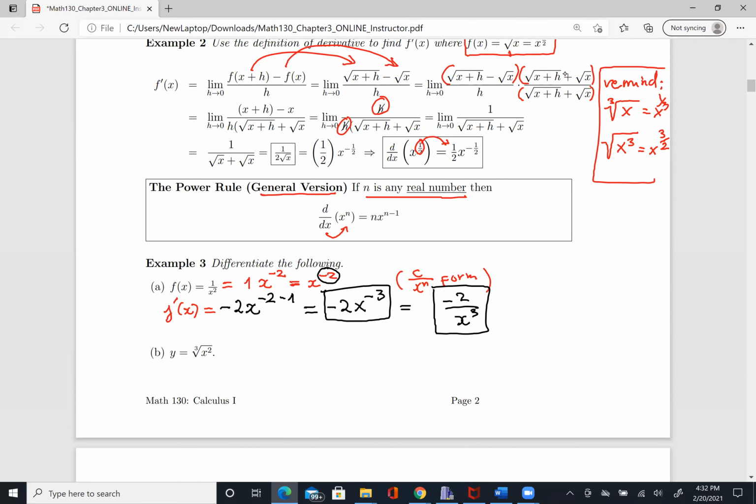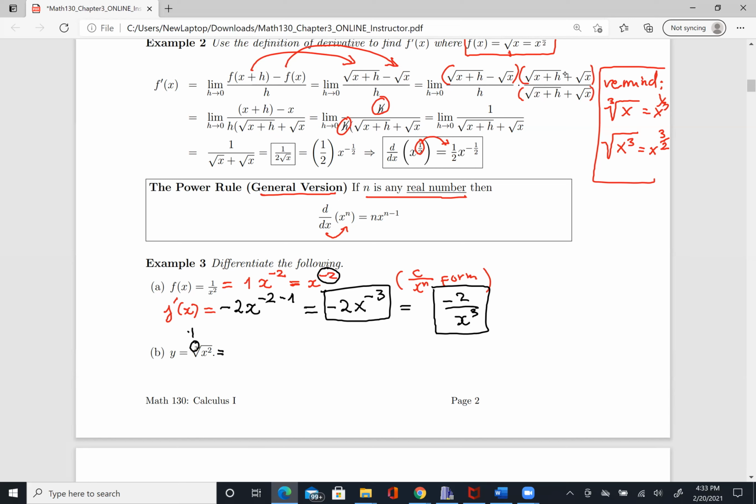Okay, good. This is a good example for you to convert to power form. So we have y equal to cube root of x squared. Now I need to convert it to power form, right? So remember that the index will be the denominator. Okay, so what is the index here? This one is the index.